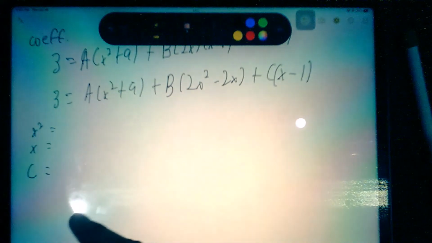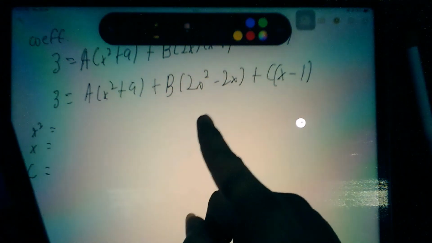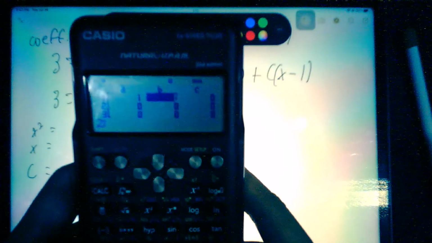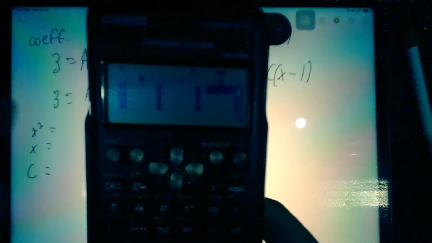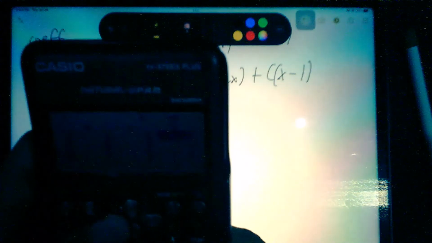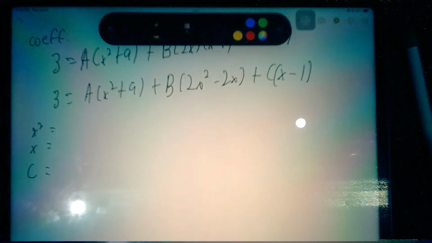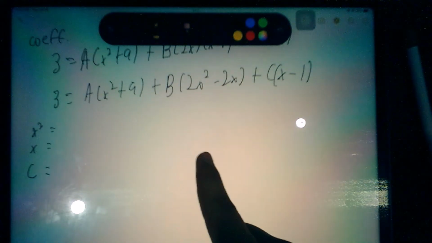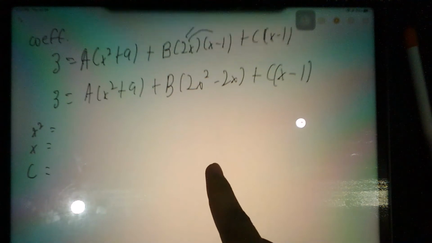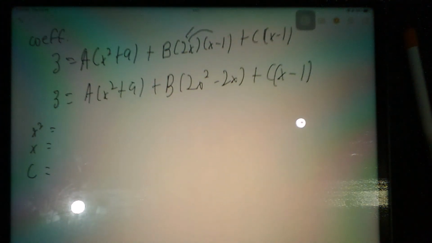Let's say x squared here is our first, so a for x squared here is just 1, b for x squared here is 2, and c for x squared here is 0. So x squared is 1, 2, 0.